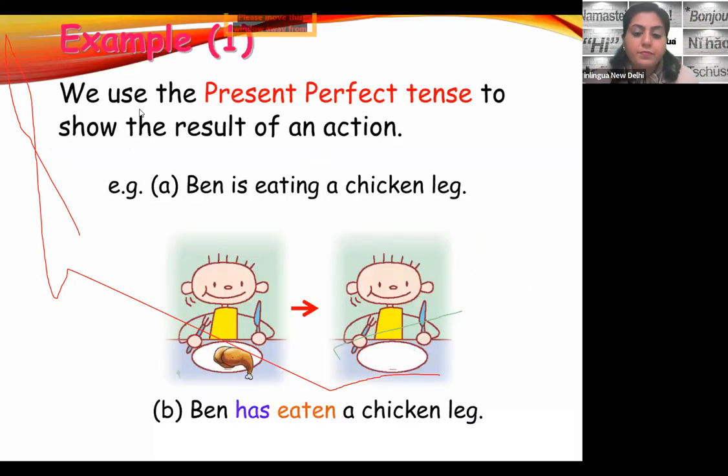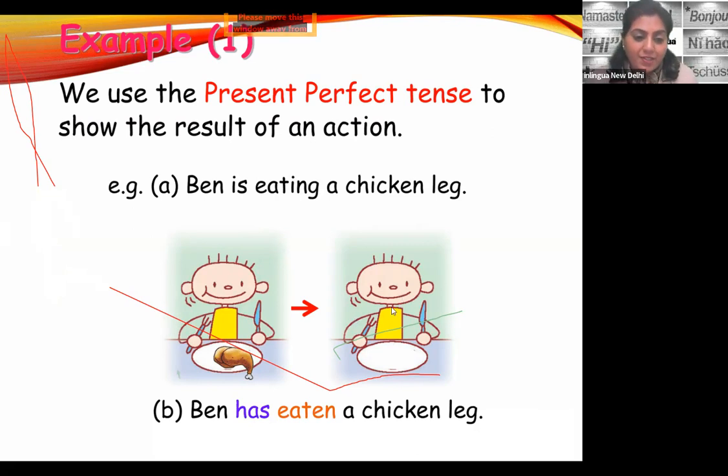I'm sorry. We use the present perfect tense to show the result of an action. So Ben is eating a chicken leg. This is present continuous. But what is the expression of this sentence in the present perfect? Ben has eaten a chicken leg.